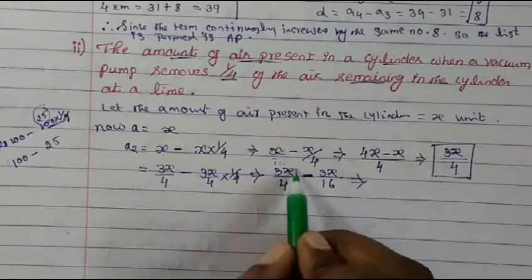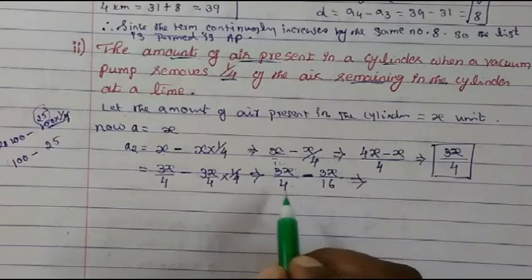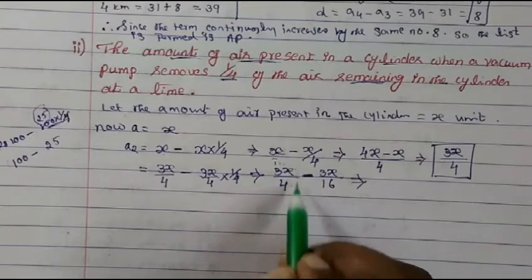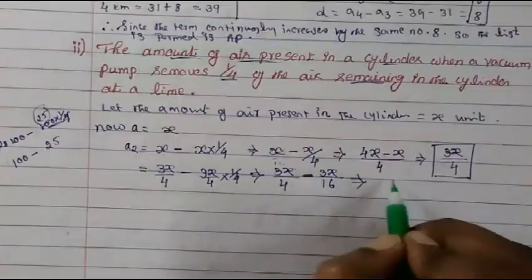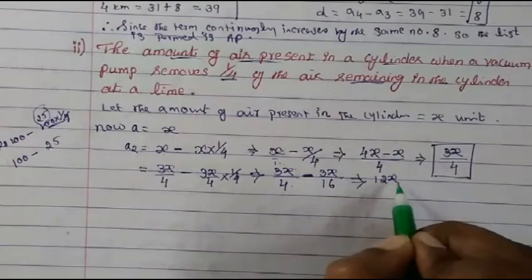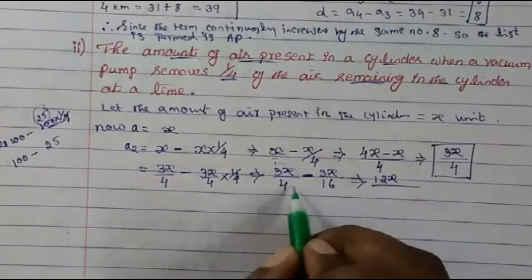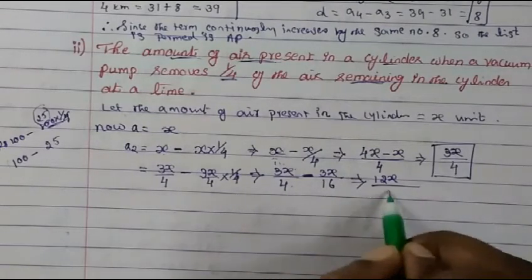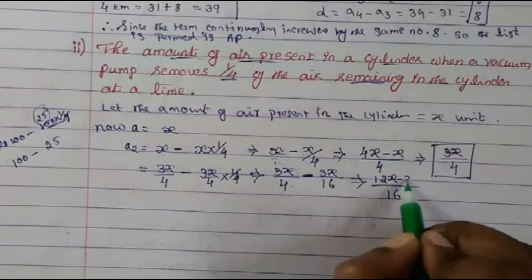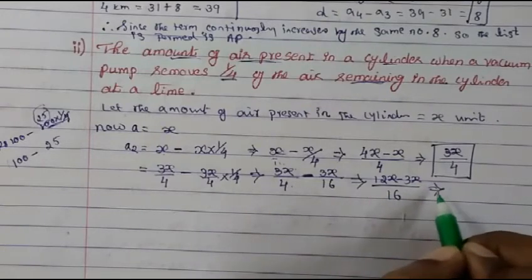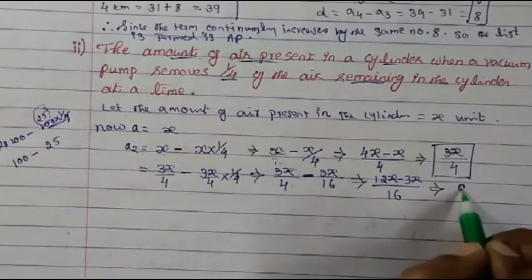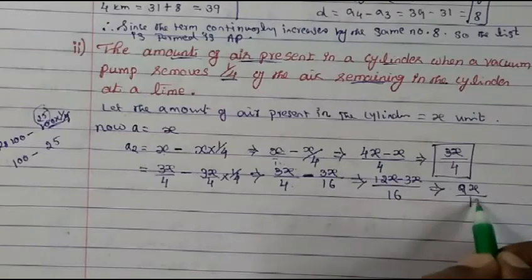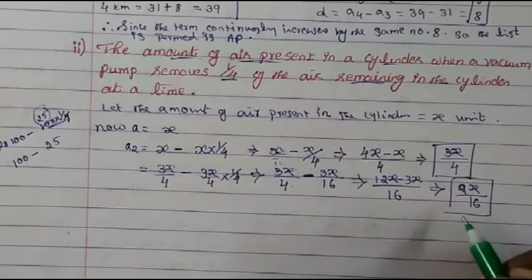So we multiply both sides with 4, and we get 16 in the denominator. Then 4 threes are 12x, and here it is 16 only. So the common denominator is 16, and here minus 3x. So what will we get? We will get 9x upon 16. So this is our third step.